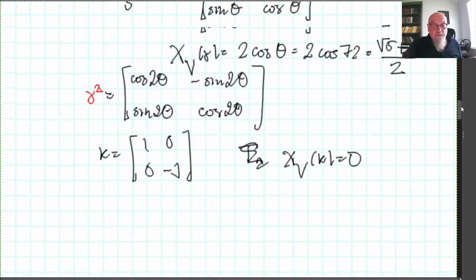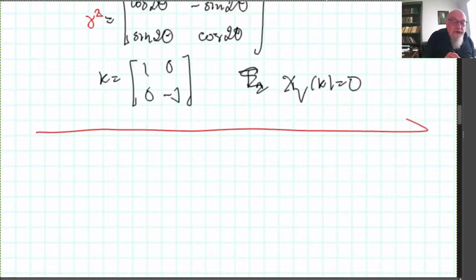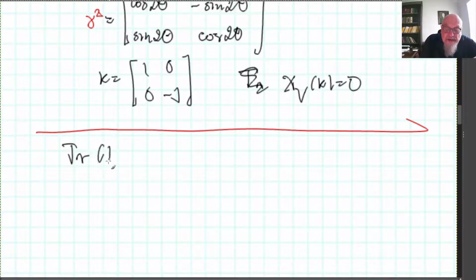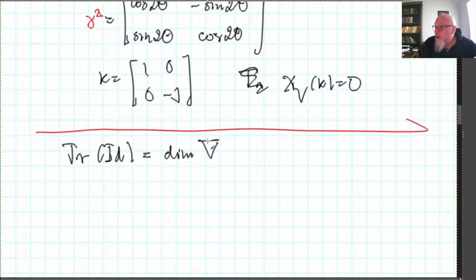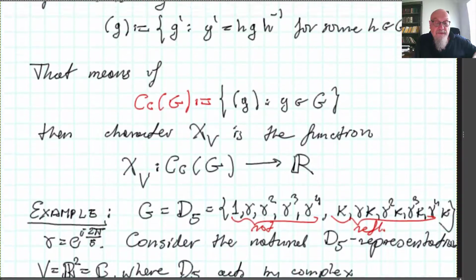Okay, so there it is. So what are the other properties of the character? We notice one thing, that if you take the trace of the identity matrix, it is the dimension of V. So this is the dimension of the representation.